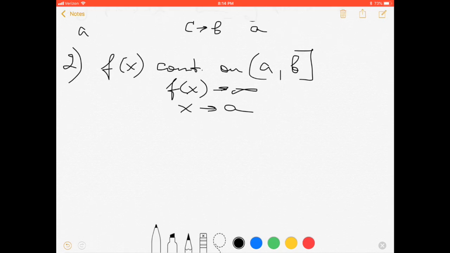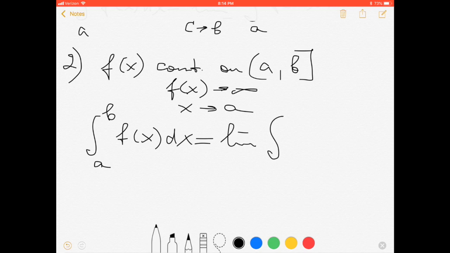Here we have the integral from a to b of f(x) dx. It will be the limit of the integral from c to b of f(x) dx, but c approaches a from the right.